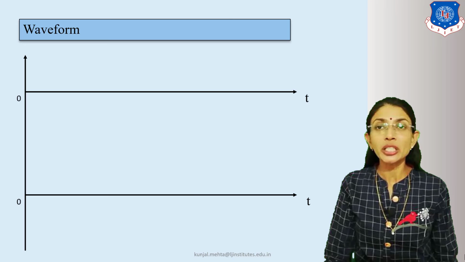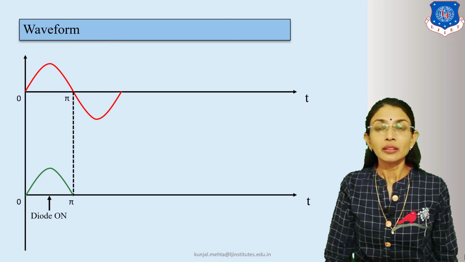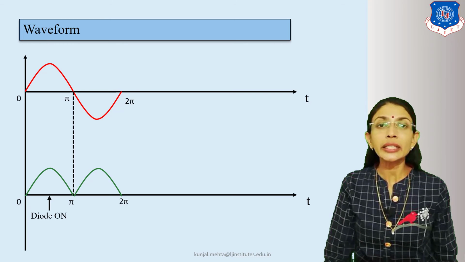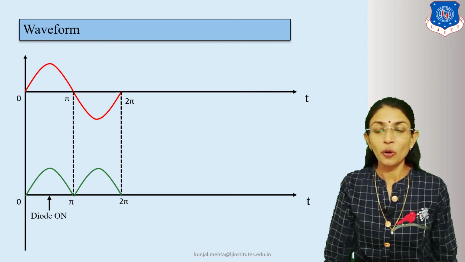So during positive half cycle, we'll have the output across RL as a positive waveform. Similarly, during negative half cycle after pi, we will again have a positive half cycle of the output, because diode D2 is on. In alternate half cycles, any one diode will be on. During positive half cycle, D1 will be on, and during negative half cycle, D2 will be on.